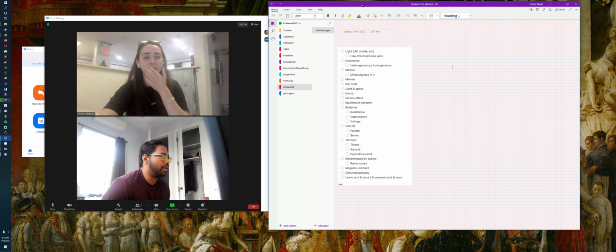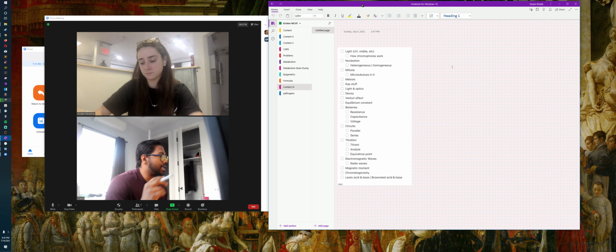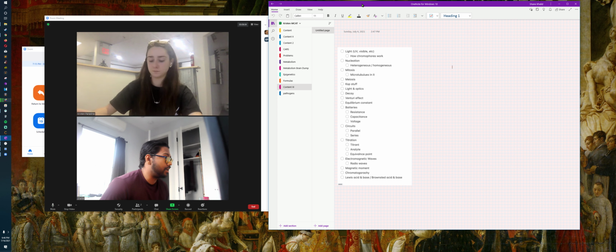But the idea with chromophores is since they are so resonance stabilized, if you shoot a photon at it at some energy level, the resonance stabilization is going to allow that molecule to go to a lower energy level.